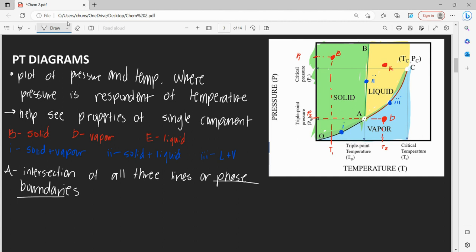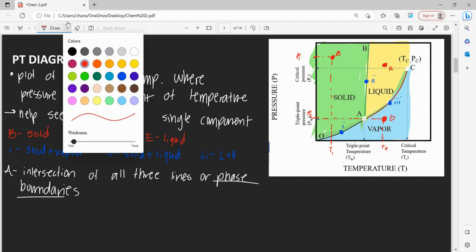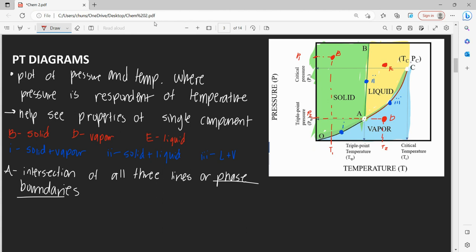Phase boundaries is another word that we use to describe the curves that separate each of our regions. So these are what we call phase boundaries.